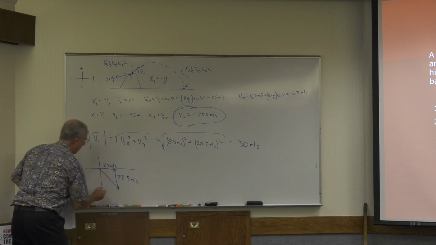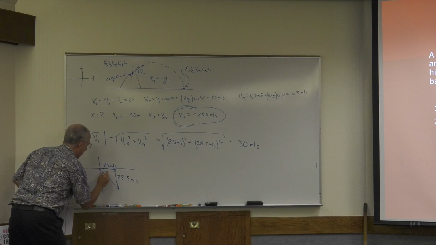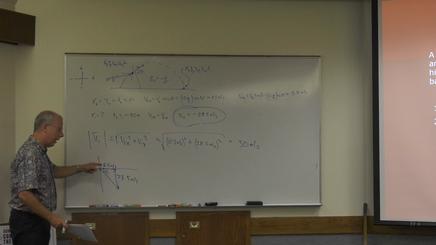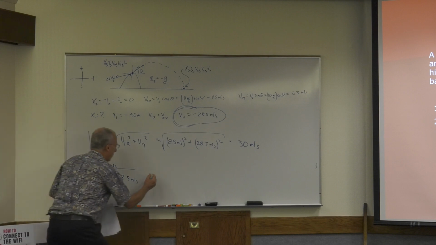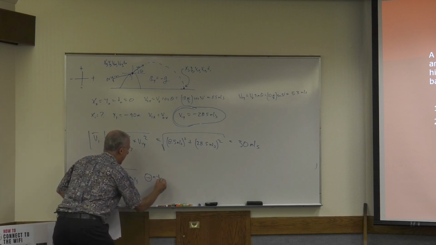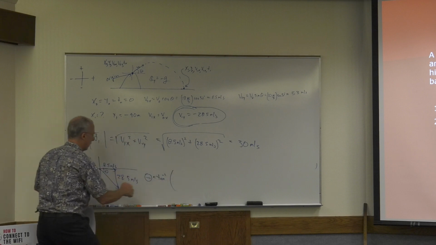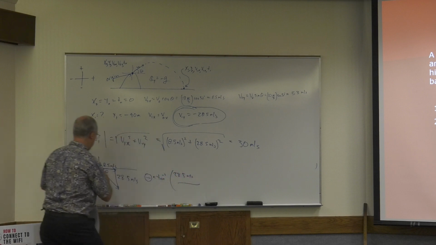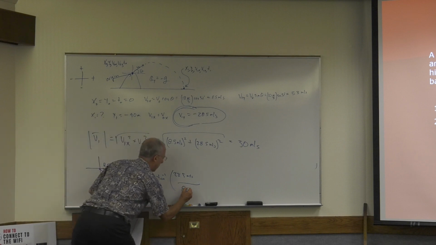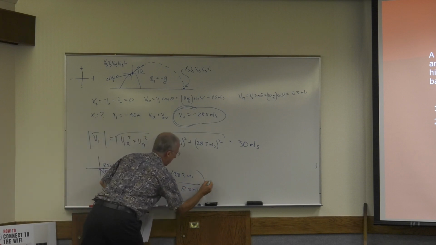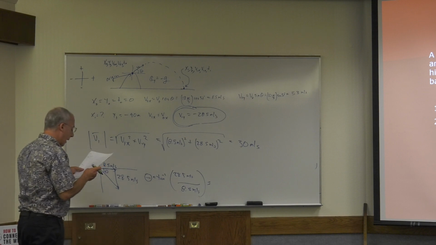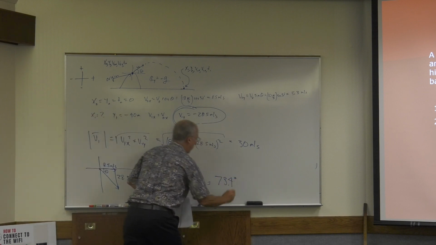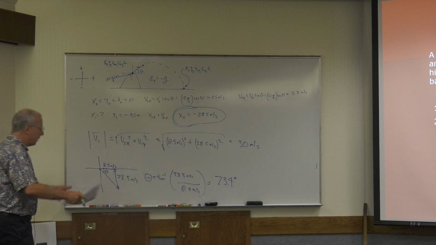Here's the angle. So how do you get the angle? Well, you know the opposite, you know the adjacent, that's tangent. So theta is tan inverse of opposite over adjacent. And you do that, and you get 73.4 degrees.